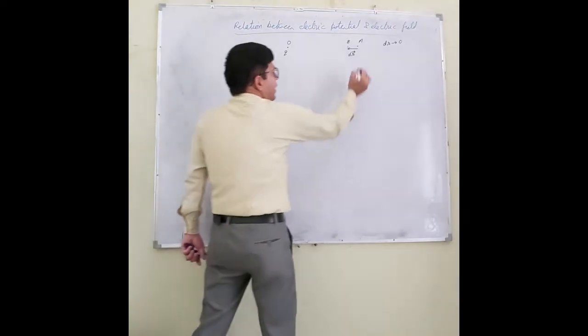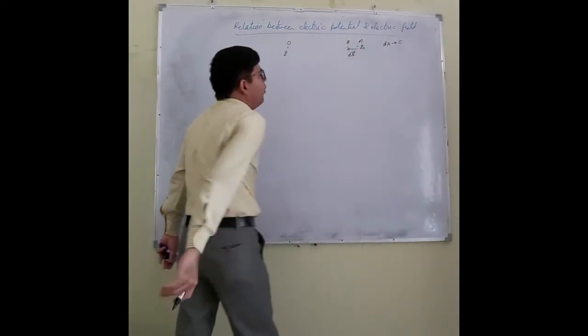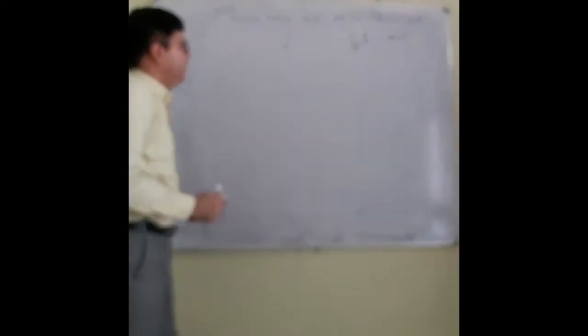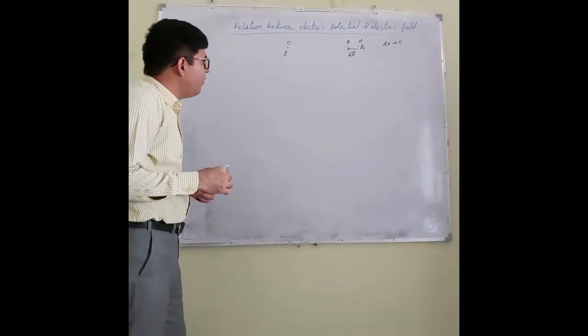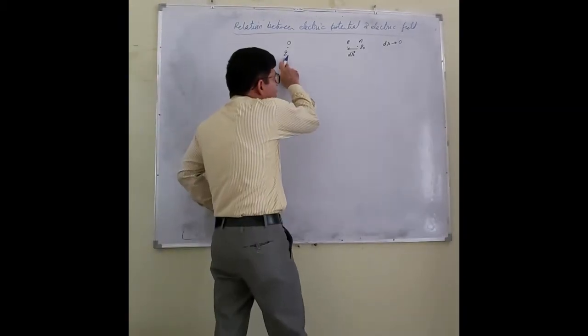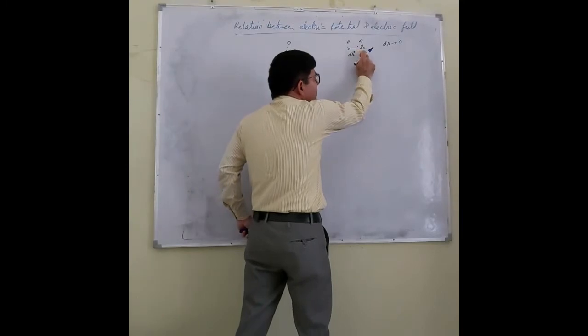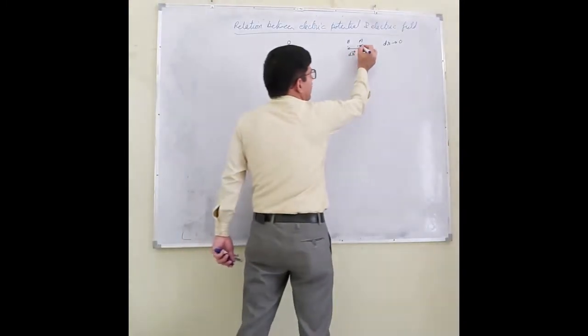Now, if I place a test charge Q naught at point A, then what will happen in this case? You will find that this charge Q will repel this charge Q naught. So what is the direction of electric field?